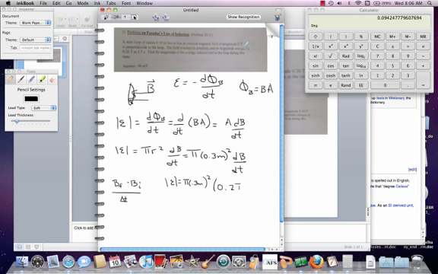But the thing is that it changed direction. So if I think about it, I have to go from 0.3 all the way down to 0, and then up to 0.2. So really I'm adding 0.3 Tesla plus 0.2 Tesla over 1.5 seconds.